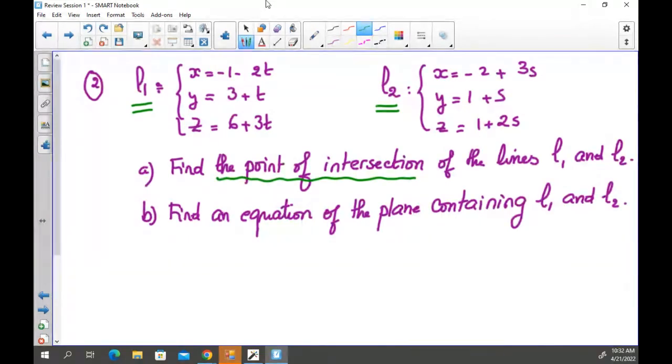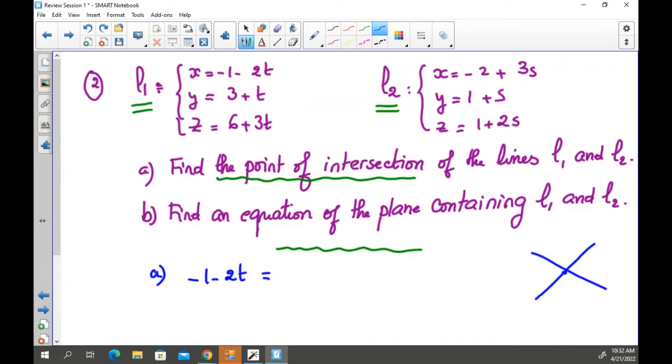Now, I don't know how much you remember of this, but let's do it. So you need to put x equal x. The two x's are the same. If there is an intersection point, then that means the minus 1 minus 2t must be equal to minus 2 plus 3s, like this, x equal x, and you can also use y equal y.